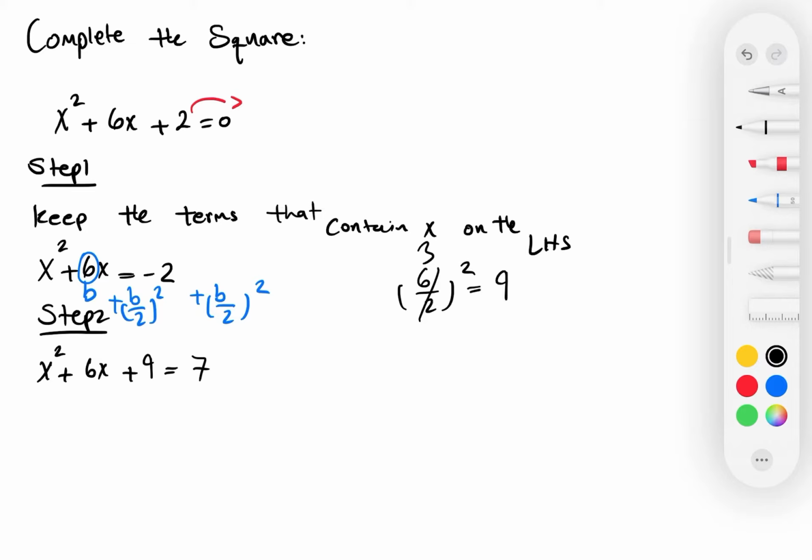I just need a number that multiplies to 9 but adds up to 6, so that would obviously be 3. So x plus 3 is equal to 7. Now, as you can see, I got a perfect square: x plus 3 raised to the power of 2 is equal to 7.